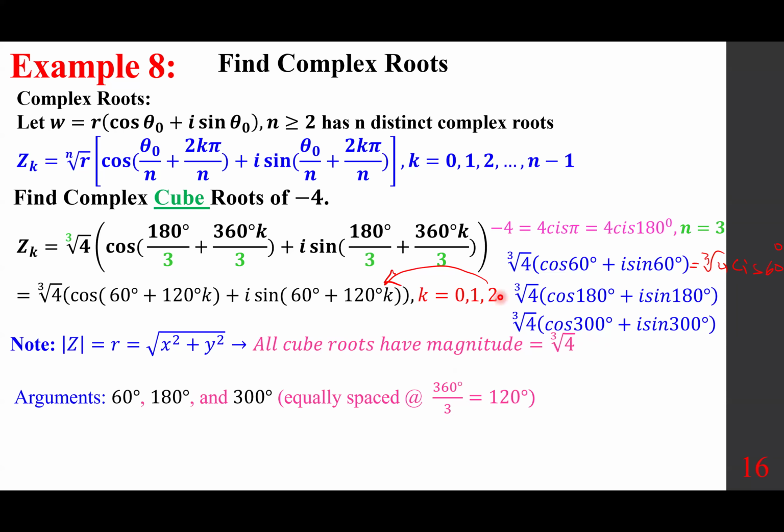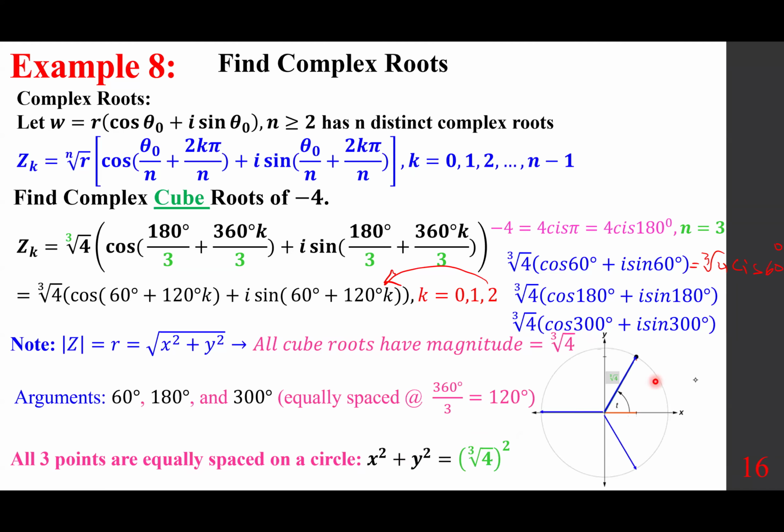By the way, if you choose k to be 3, 3 times 120 is 360, which in essence gives you 60 degrees back. That's why we don't. So all 3 points are equally spaced on a circle of x squared plus y squared equals cube root of 4 to the power of 2.